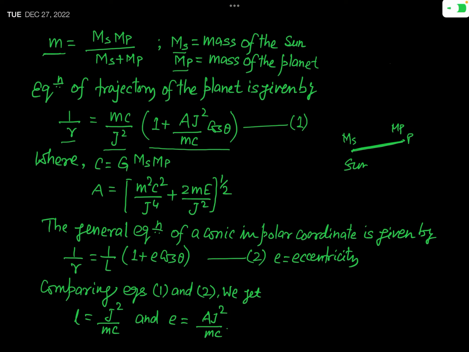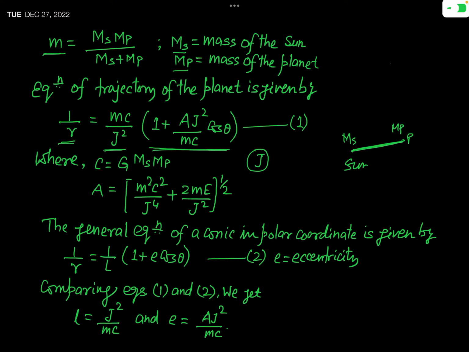Okay. So in this equation you can see I have written that 1 over r equal to mc over j square, where m is actually the reduced mass of the sun plus planet system, times 1 plus a j square cos theta over mc. Here you know this j is angular momentum of the planet, or you can say of this system. J is angular momentum which remains conserved during the motion in central force field.